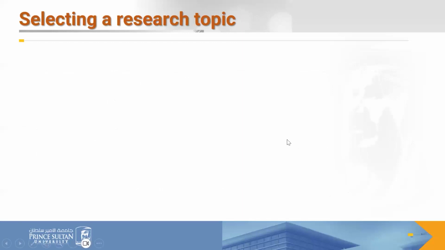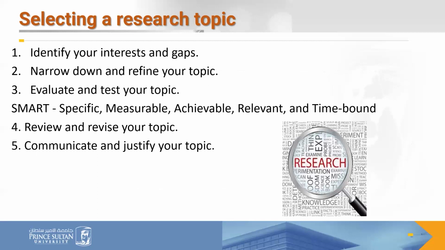All right, the first step when I want to do a quantitative research project is to select a topic. And of course, to select the topic, you need, number one, to identify your interests. You need to make sure that the topic you're interested in, because it's very difficult to work on a topic for months which is not of interest to you.